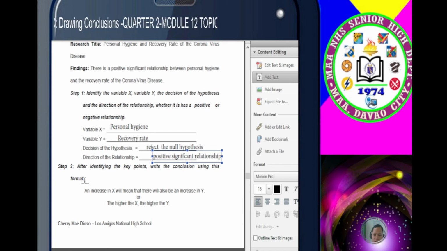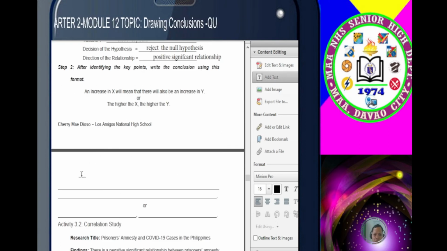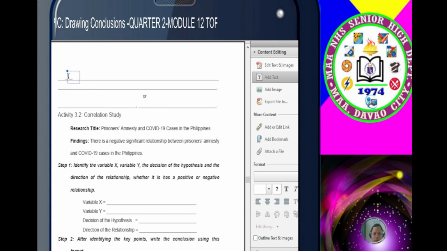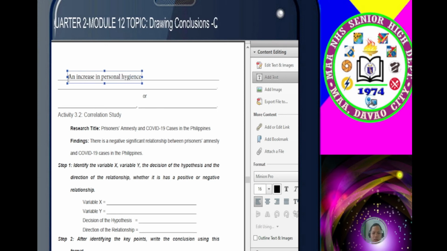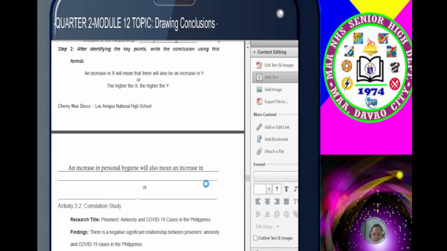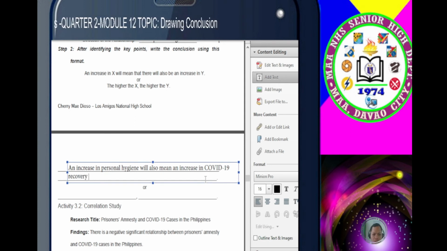Since this is a positive relationship, we can have our conclusion here: an increase in personal hygiene will also mean an increase in COVID-19 recovery rate.